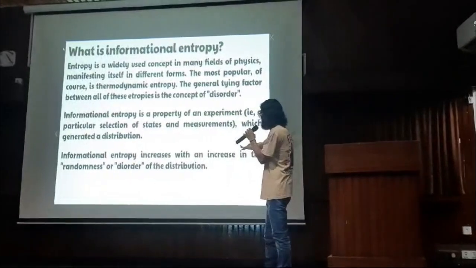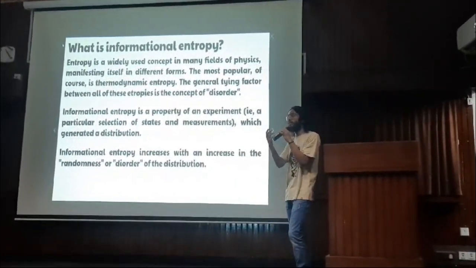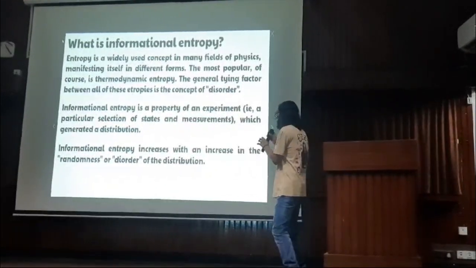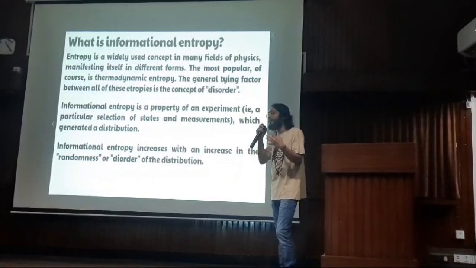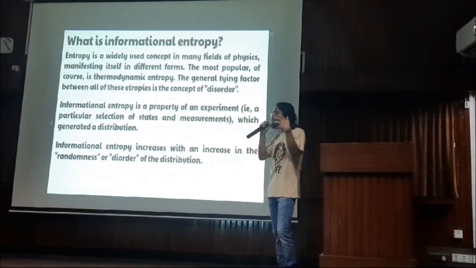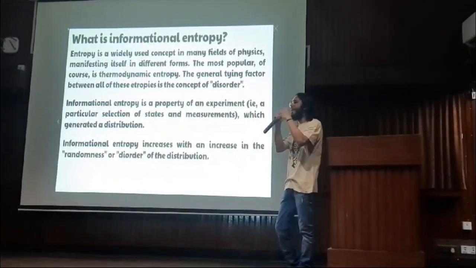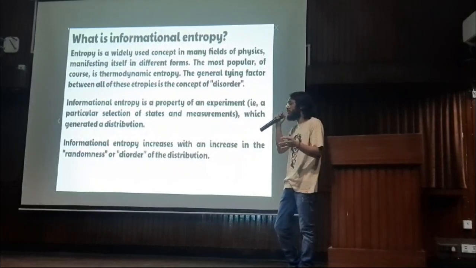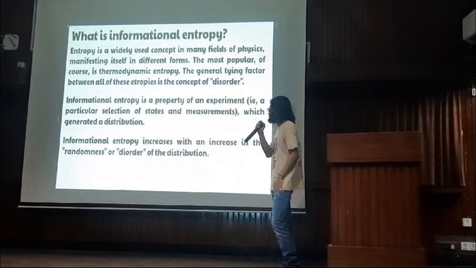But the key insight here is that with an increase in randomness, we say that the system has higher entropy, and the way we think about that is by thinking of the probability distribution and how spread out it is. More spread distributions have higher entropy, and distributions with a spike have lower entropy.